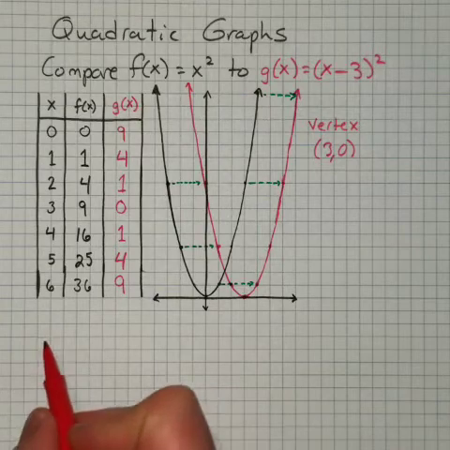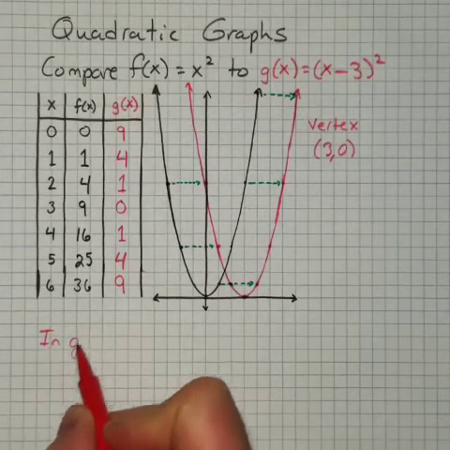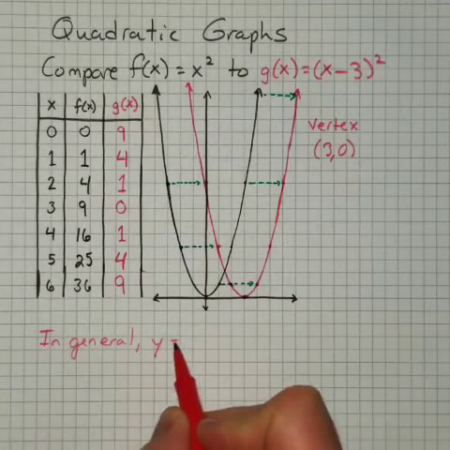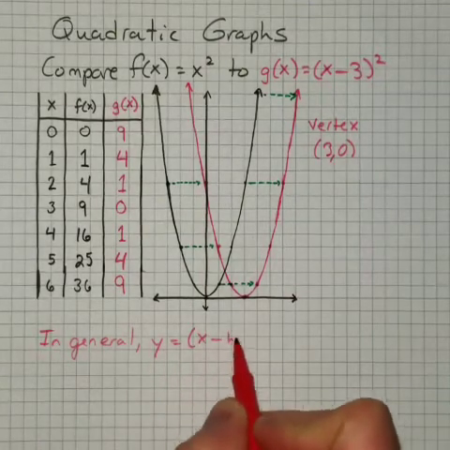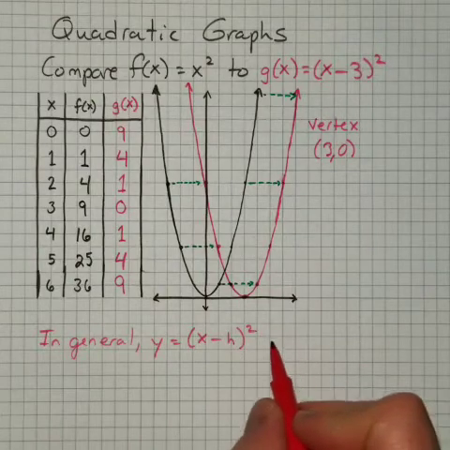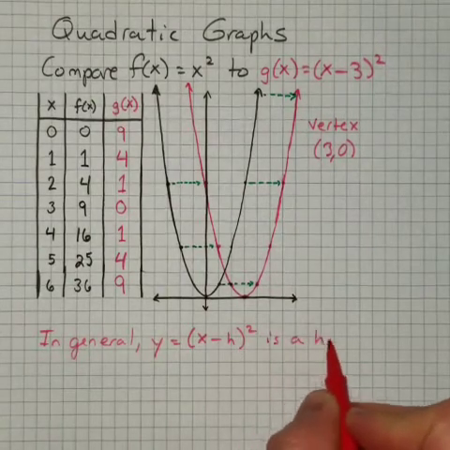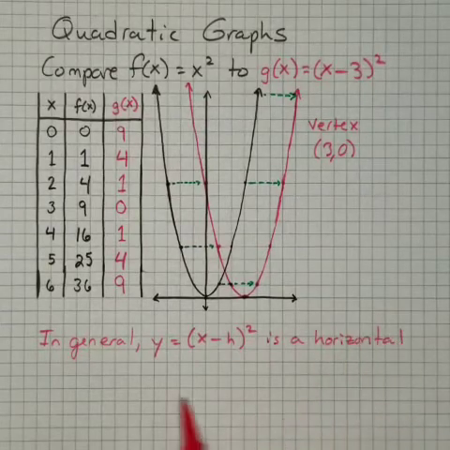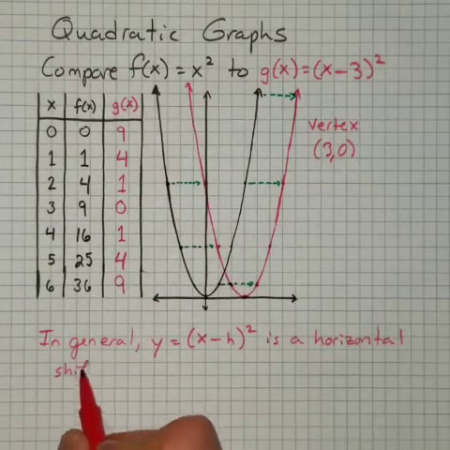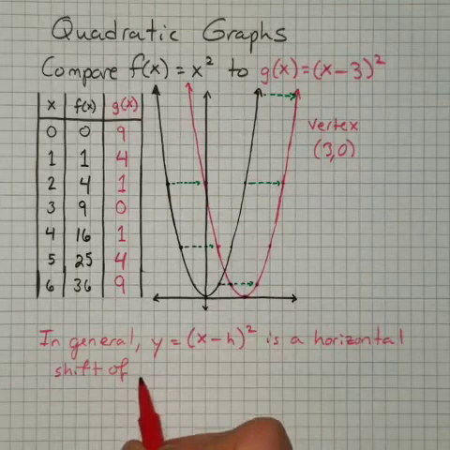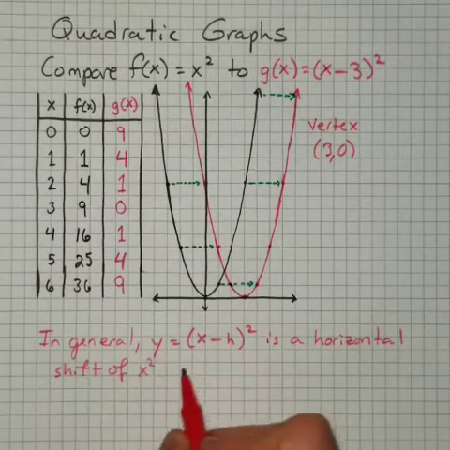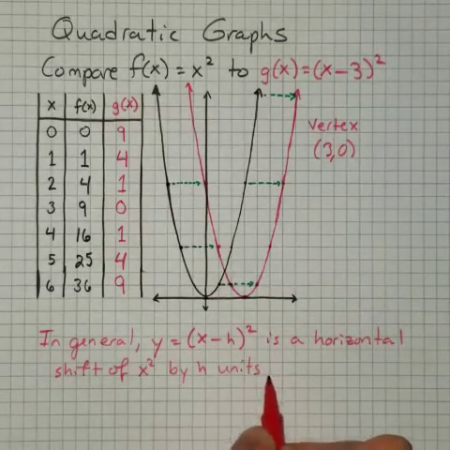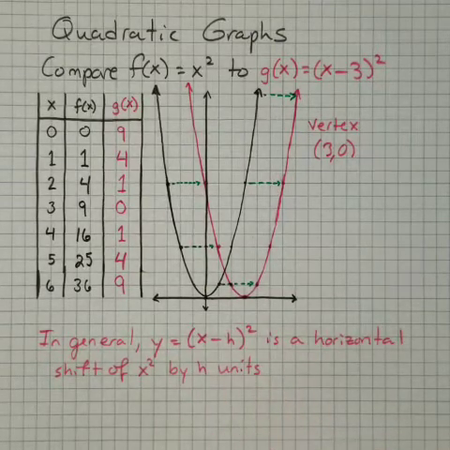As a general rule, y equals (x minus h) squared is a horizontal shift of x squared by h units. I suppose we use h because it's a horizontal shift.